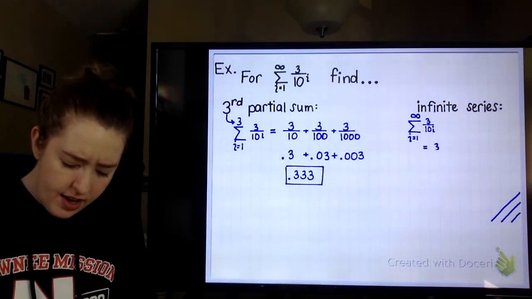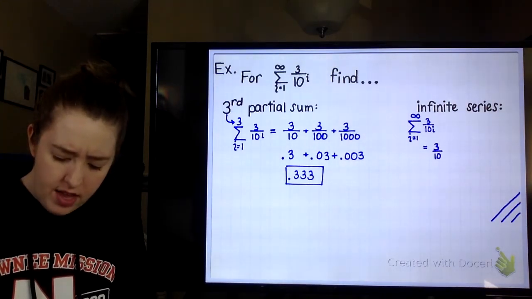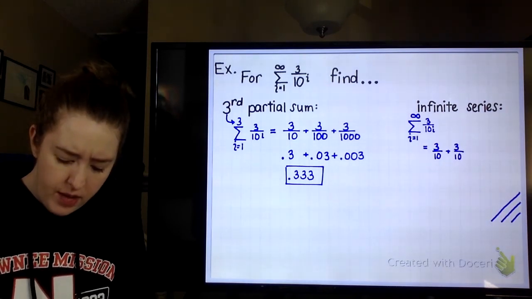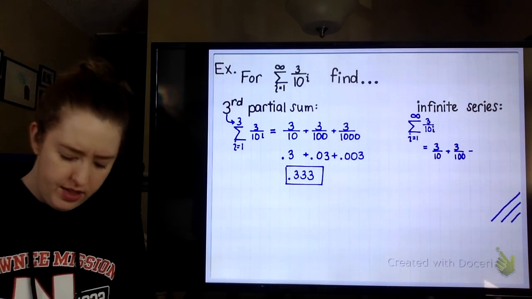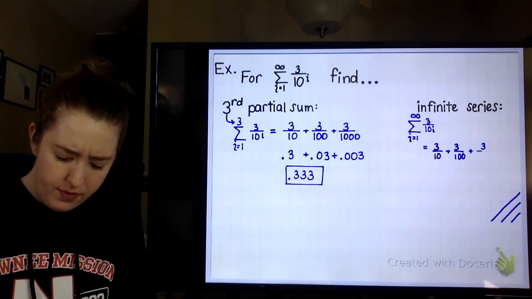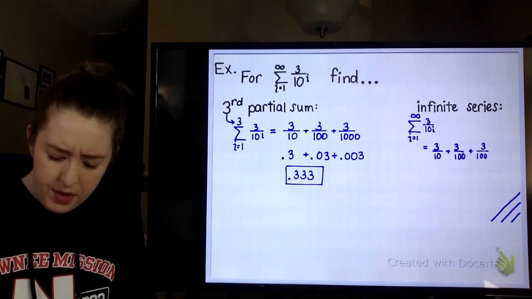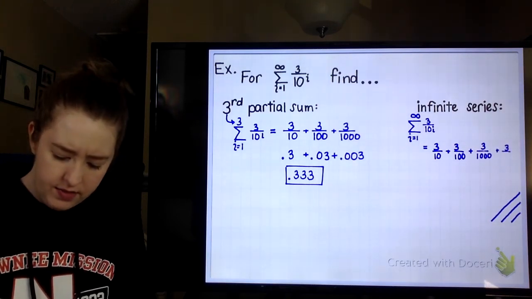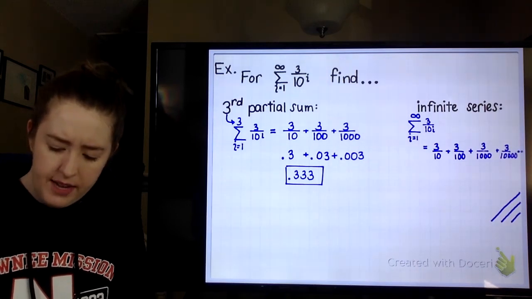So we had 3/10, then we had 3/100, then we had 3/1000, and then we would end up with, if we kept on going, 3/10,000, and so on, right?